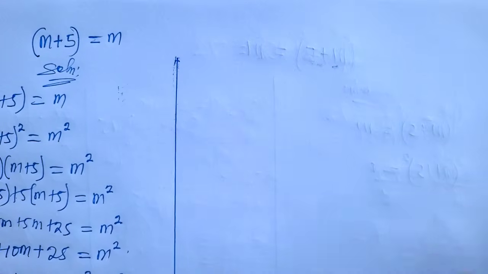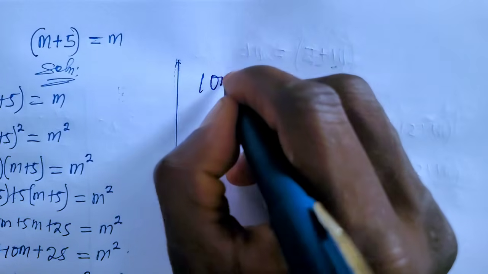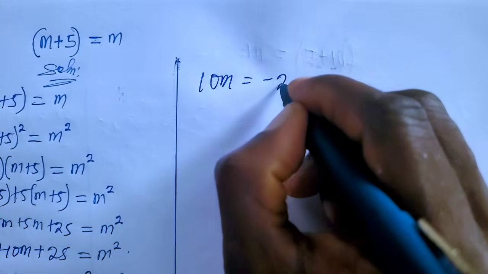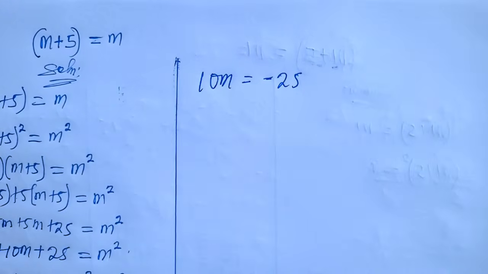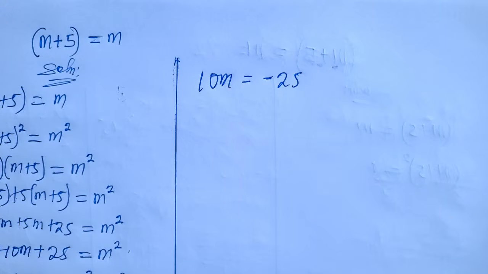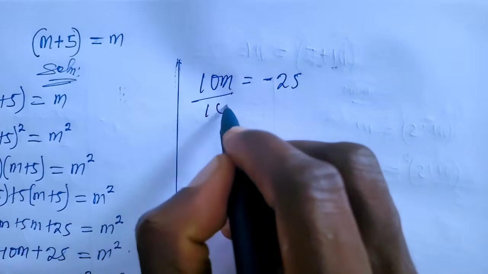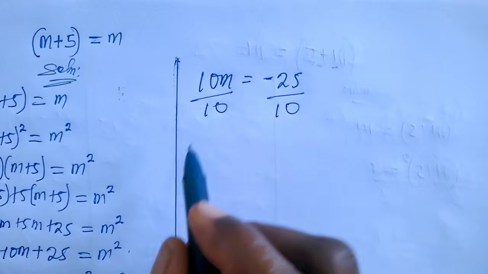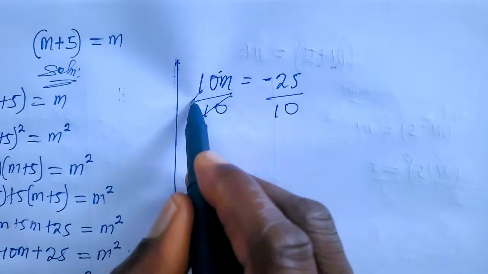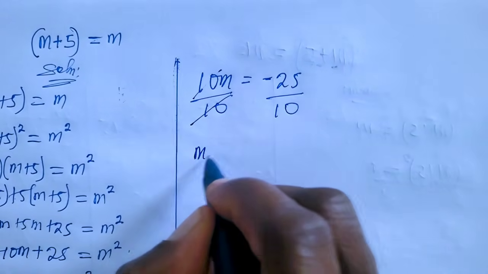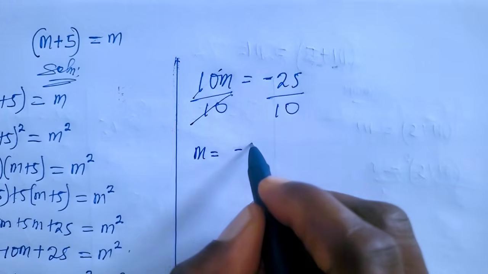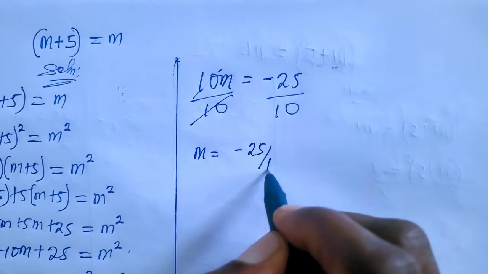We have that 10m equals minus 25. Now we divide both sides of the equation by 10, the 10s cancel, and we have m equals minus 25 over 10.